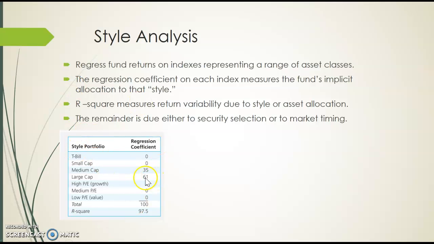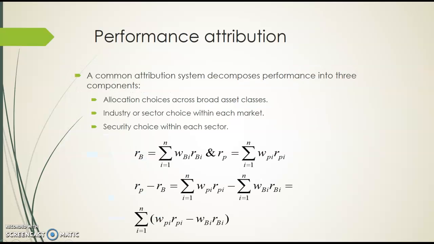So the higher the coefficient, that's saying that we didn't really use any small cap. We had some medium cap and some large cap, and we used a little bit of growth involved in there, but we didn't compare to any other styles in there. The next thing we could consider, similar to style analysis, is performance attribution.